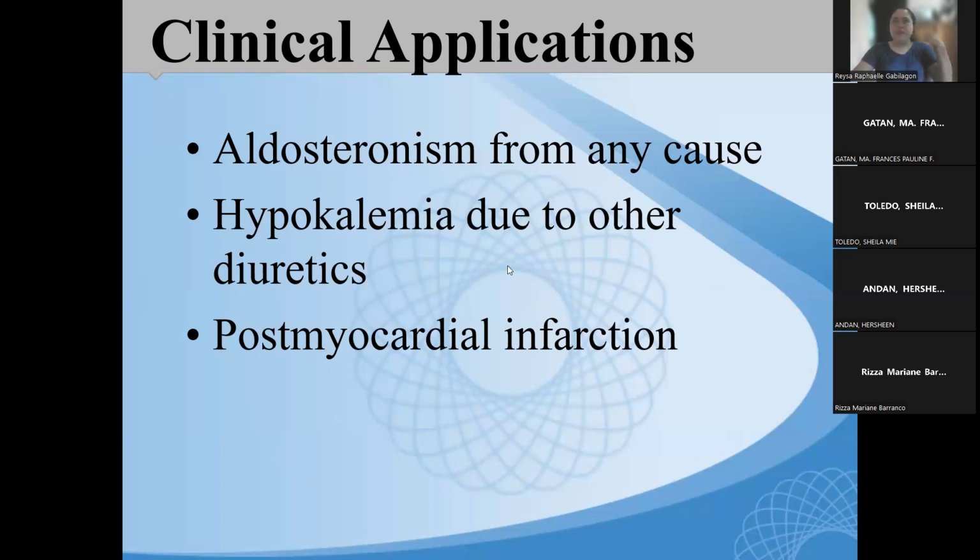Maybe this is in terms of the amount of aldosterone, or there is increased activity of aldosterone in the body. Therefore, we can give the two, spironolactone and eplerenone, since they inhibit aldosterone's activity. And hypokalemia due to other diuretics.